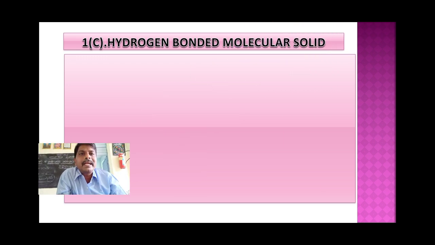What is the third category? Hydrogen bonded molecular solid. The name itself indicates what type of attraction, what the binding force is in this solid. It is a molecular solid. Here the binding force is hydrogen bond. What are the constituent particles?